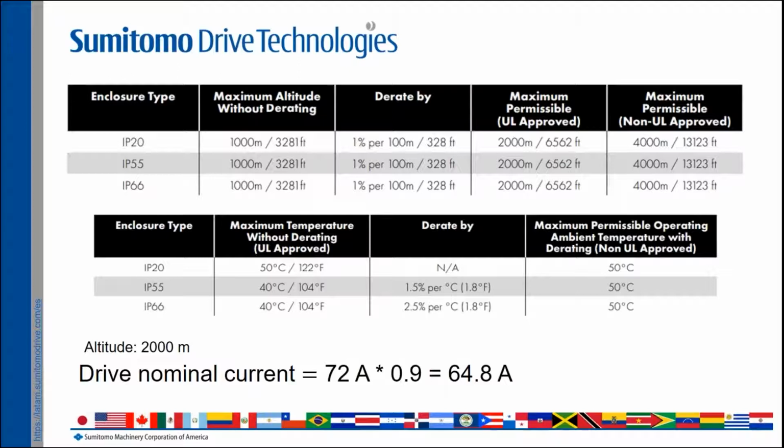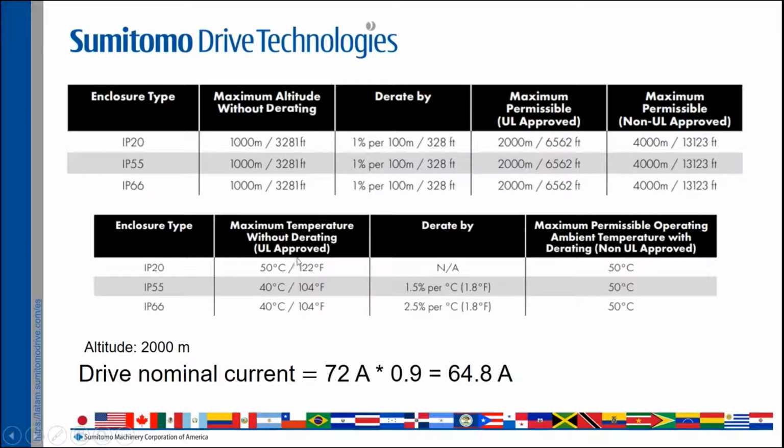All the drives, including Invertek, as you can see here, include in their user manuals these kinds of tables where they specify the percentage of the rating for the drive as the altitude is higher than a certain level.